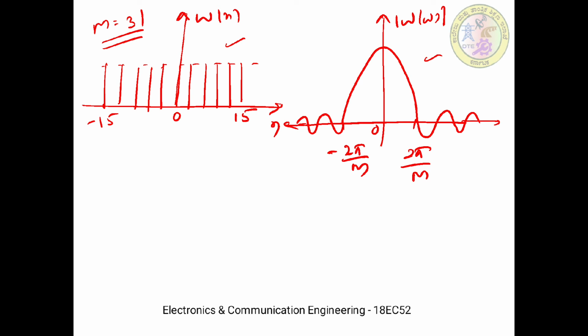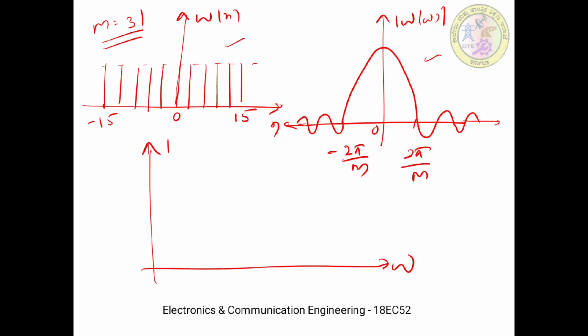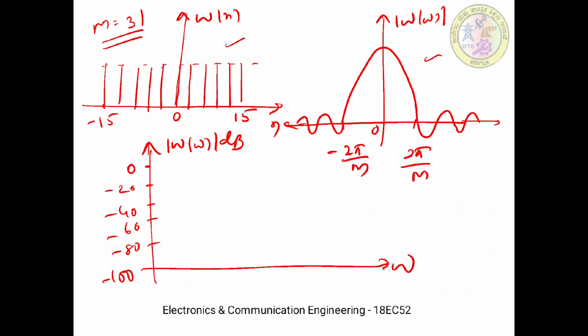Now if the response is plotted in dB units, then in decibels it looks like this. This is magnitude in dB. It starts with 0, assume minus 100 maximum, and minus 20, minus 40, minus 60, minus 80 dB.